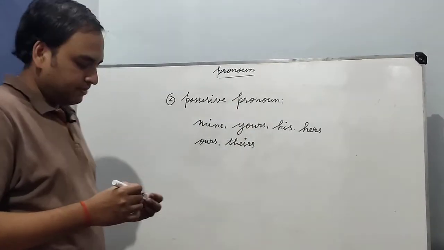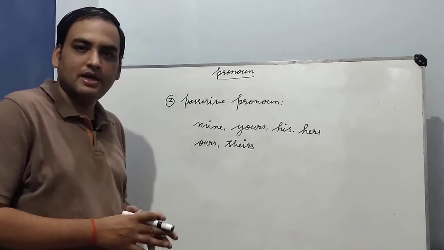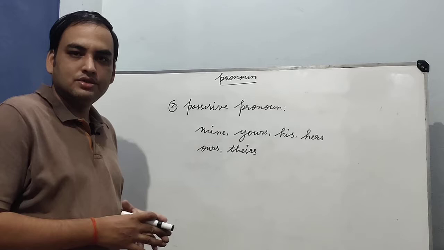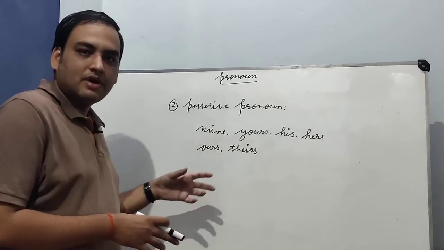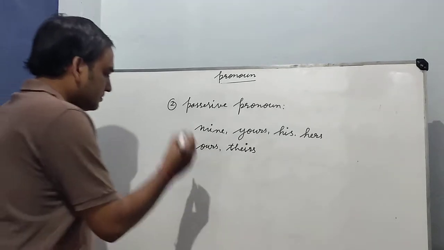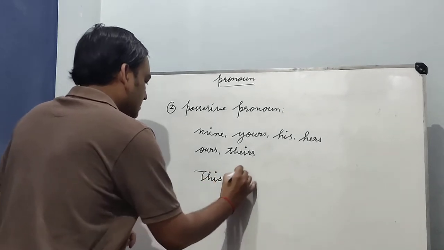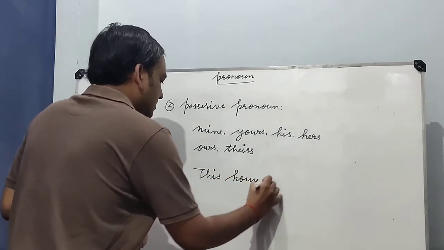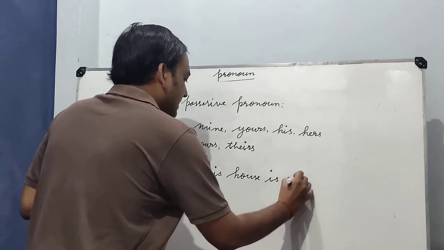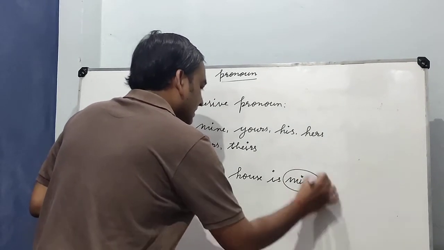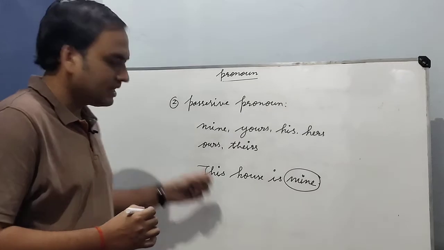These are called possessive pronouns. Okay, possessive pronouns are basically used in the place of noun, like this: this house is mine. Okay, this house is mine. It means that ये मेरा घर है.